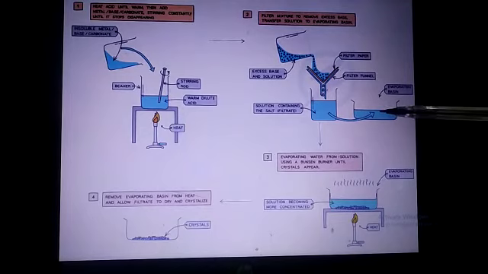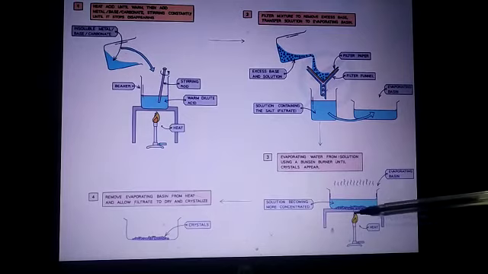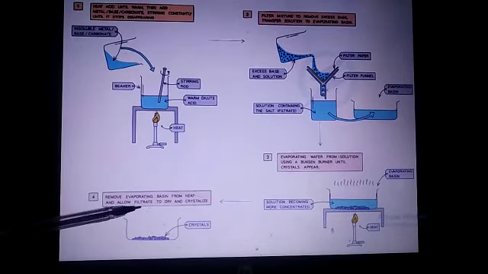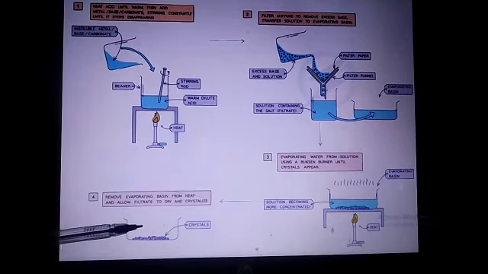Then this filtrate is heated again to get the crystals, till the saturation point, and then allowed to cool down. Then we get the crystals by passing them through the drying process.